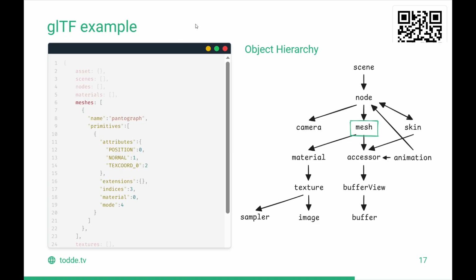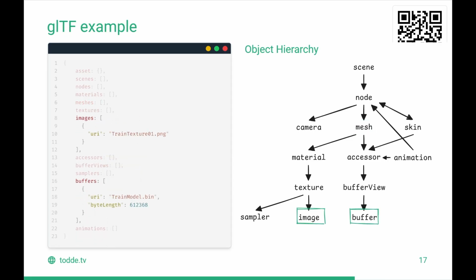It also has a name. And then all the way down to images and buffers. And these are the only ones that can reference some external files, like an image, for example, for the texture for the plane, or the model itself with an encoded container-like file, because it's a bin file here. Everything else is text encoded, it's a JSON file.